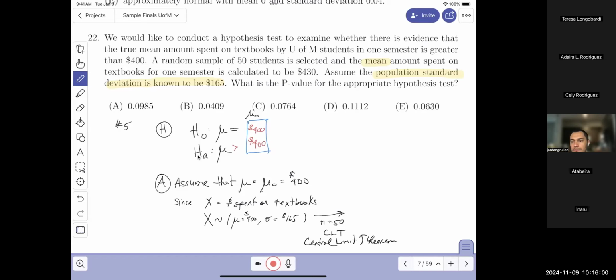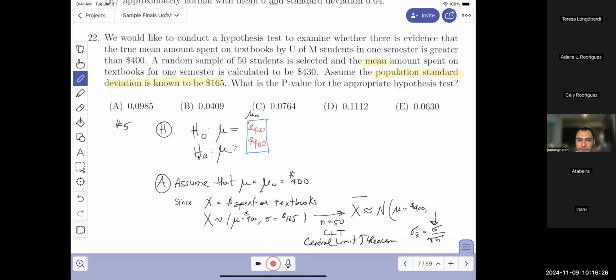That says if you take a sample, that result comes from a distribution that's approximately normal with a mean that's the same as you had originally, but a standard deviation that's smaller. The standard deviation of the sample mean distribution is going to be the original sigma divided by the square root of n.